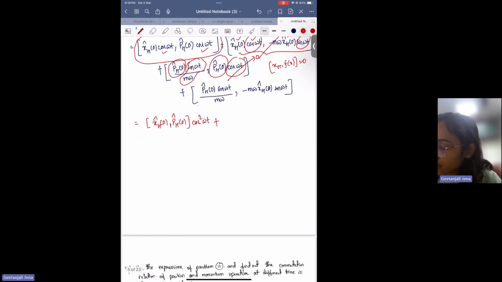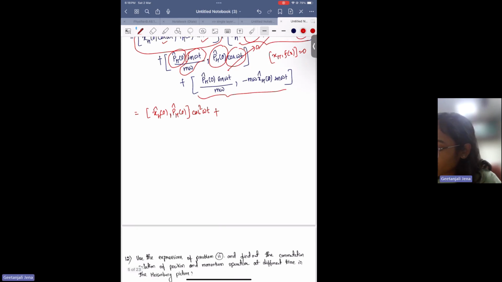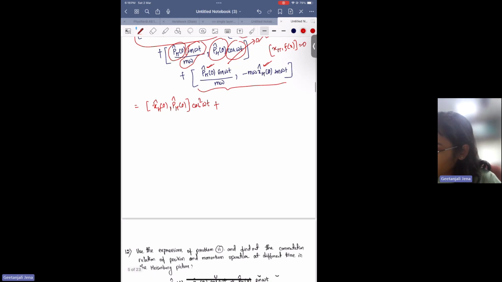Now let's see the fourth one. There is a momentum operator here and there is a position operator here, so their commutation relation would be non-zero. Let's write the resultant expression.